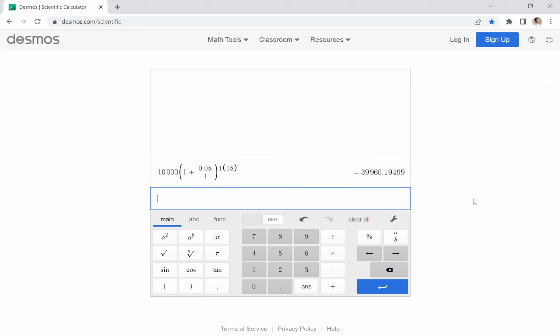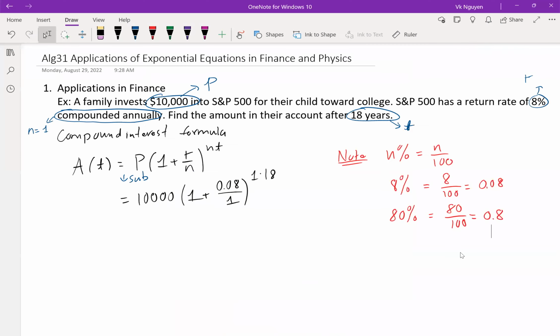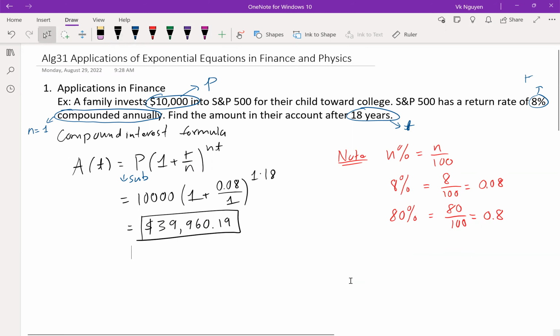Ta-da! $39,960.19. Pretty good money. Let's go to the next one.